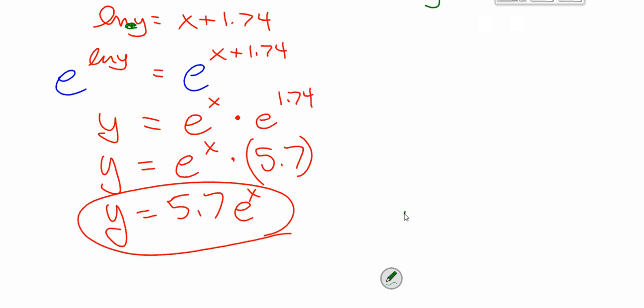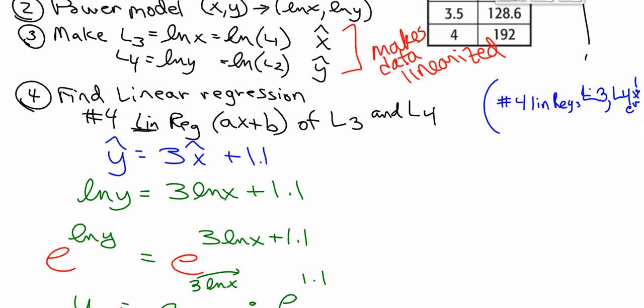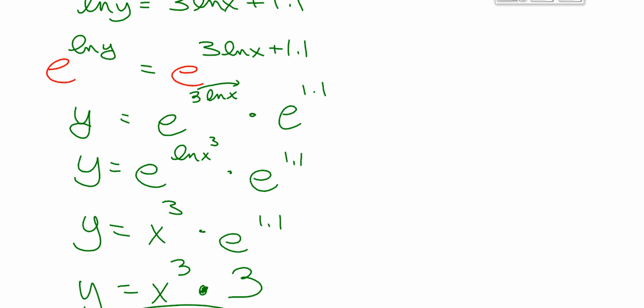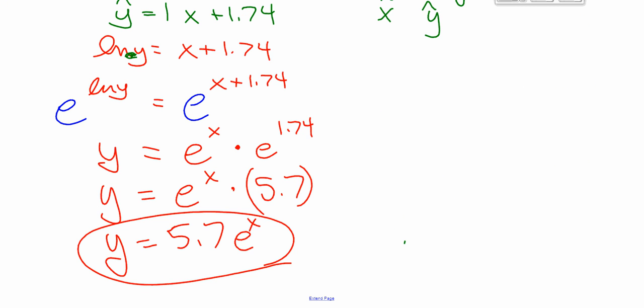In this one it is e to the x. In the other one, I'll go back to it, it was e to the ln of x squared to the third, so it was x to the third. So there, that was a little different. There you go. Okay, I'm done with this.